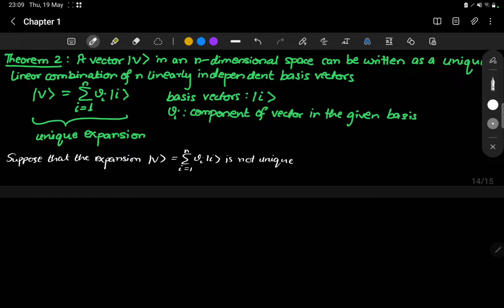Okay, so if this expansion is not unique, then that means we can have at least two possible expansions.